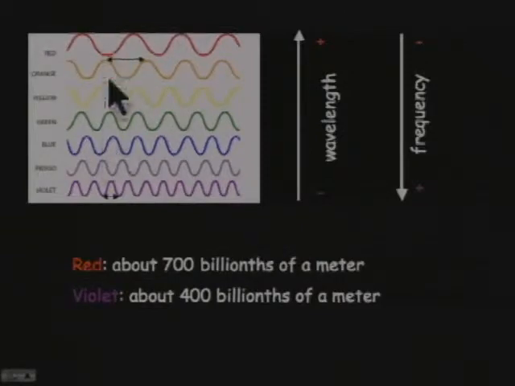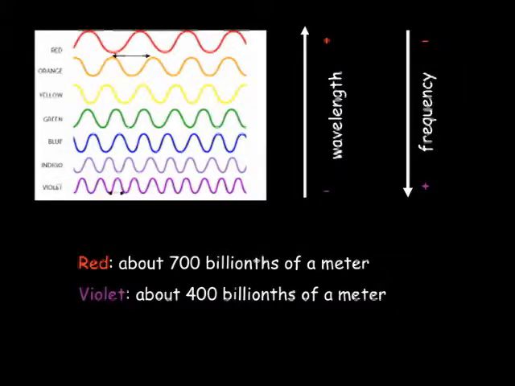And the other colors have wavelengths in between. So here, from red to violet, we have decreasing wavelength, which means increasing frequency. This distance, in reality, is really tiny. It's of the order of 100 billionths of a meter. A billionth of a meter is called a nanometer.